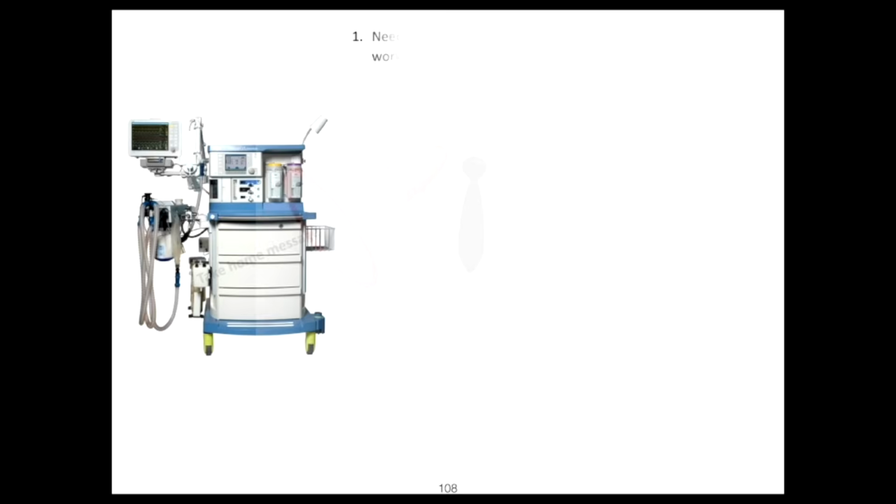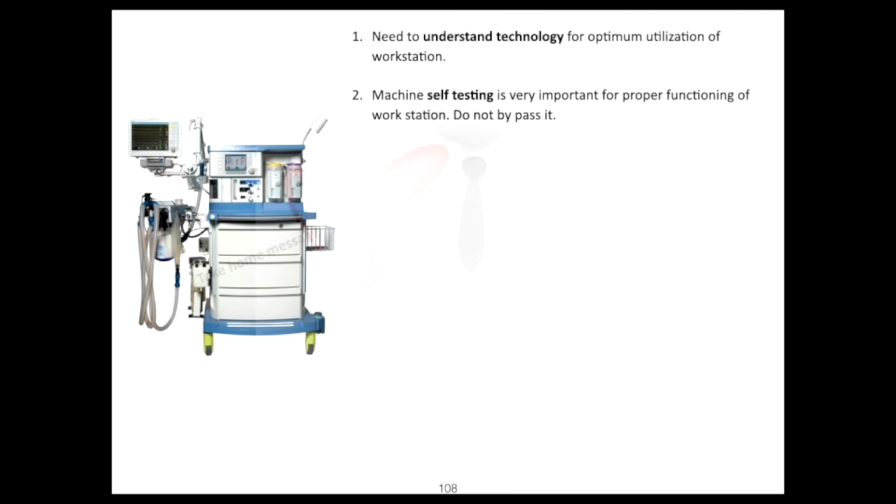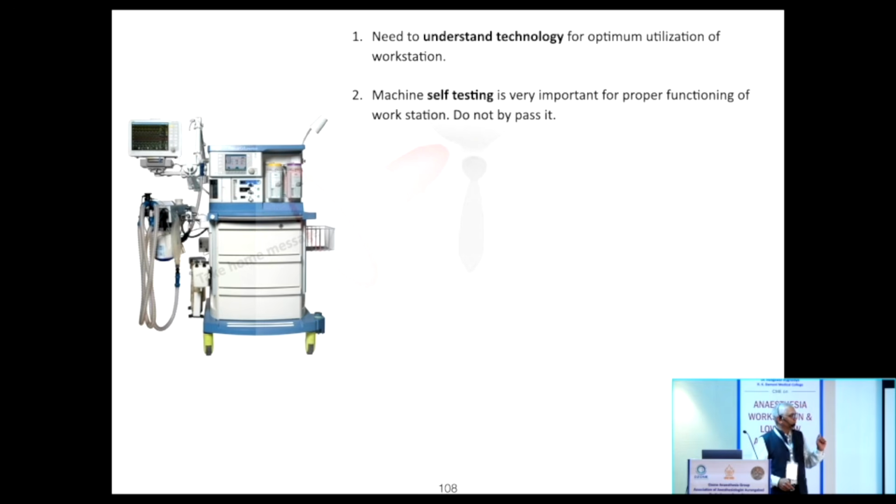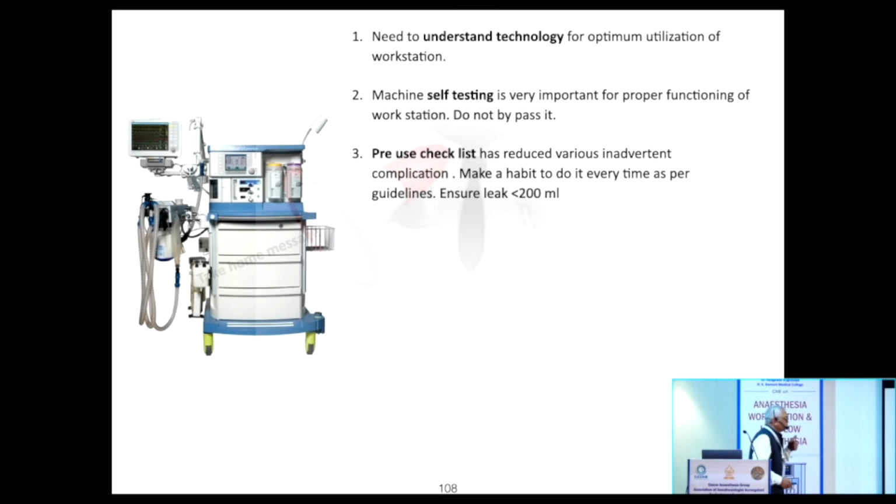To summarize, you need to understand the technology. Self-testing is very, very important. The pre-use checklist reduces complications, so make it a habit. Do not accept the leak if it is showing more than 200. If you accept it, the machine is not going to compensate for it, and you have to compensate while setting the fresh gas flow.